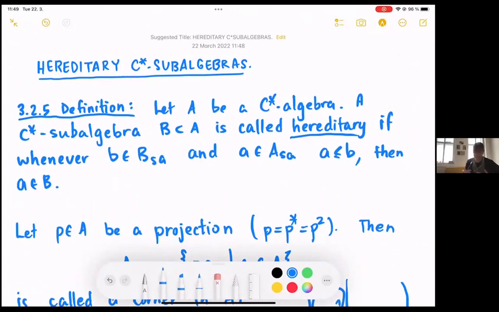I'm not sure it does though, because 0 is in any C-star subalgebra. Any negative of a positive element would therefore be in your hereditary C-star subalgebra. So I think it has to be just for positive. Any negative would be in, but if you have a positive element, oh, I see.